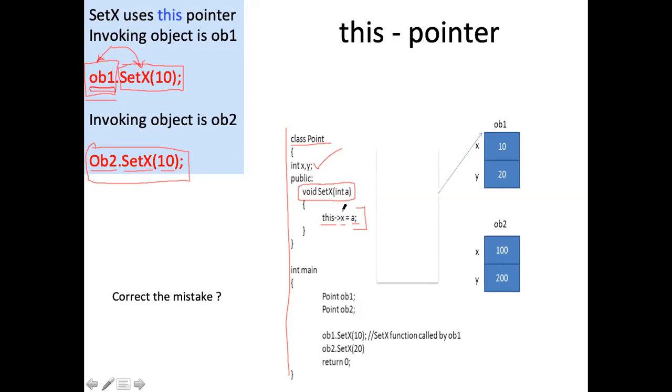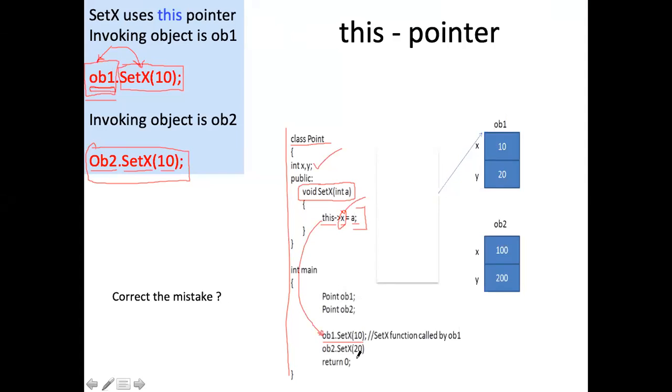So what would this X be? The parameter X here would always refer to the invoking object. If you look into your main program, if I'm saying ob1.setX, this would refer to x of ob1.